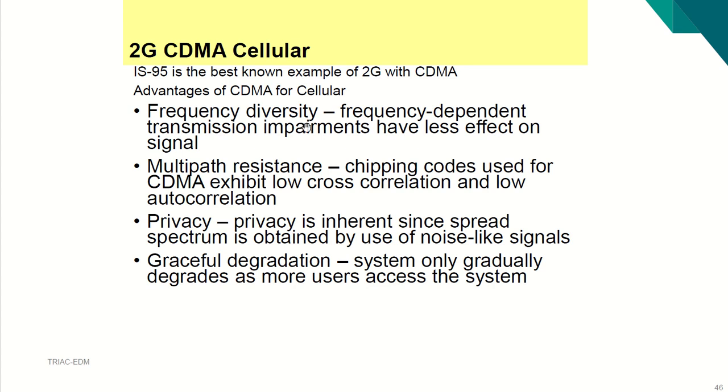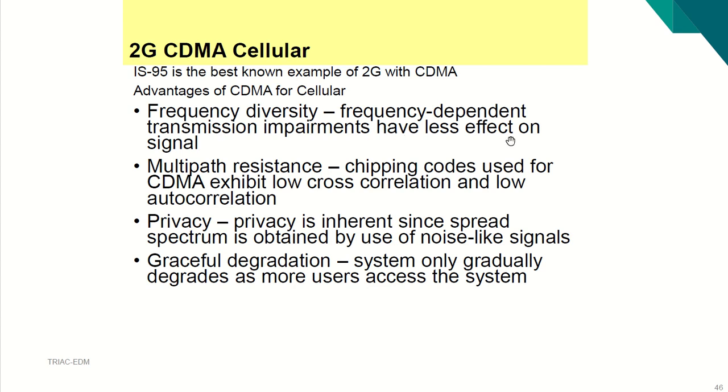So the frequency dependent transmission impairment has less effect on the signal. For example, if a certain frequency is shadowed or put in the degradation region, then because CDMA has frequency diversity, it's jeopardized, but not as much as frequency division.